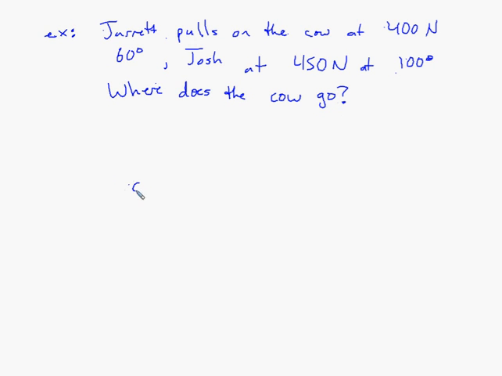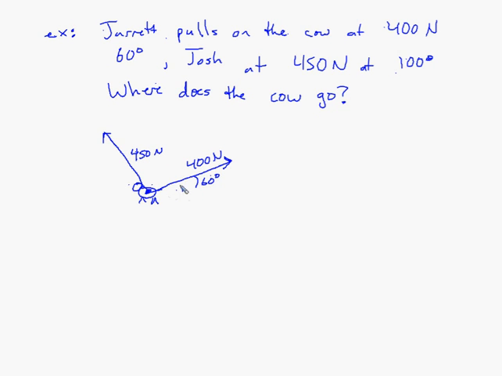Alright, so here's our cow. And we have our Jarrett, 60 degrees. So here's Jarrett, at 400 newtons. And here's our Josh, over here, 450 newtons.